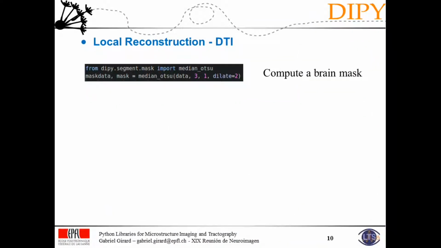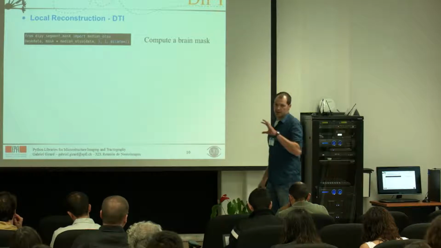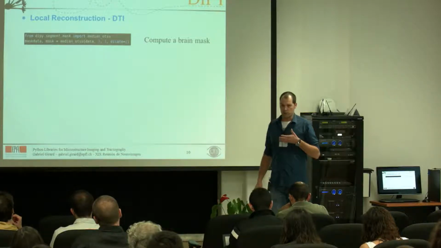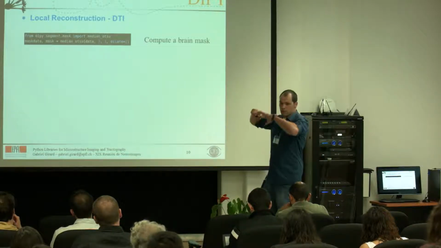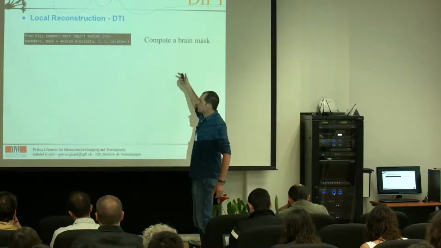So the first thing you might want to do is diffusion tensor reconstruction. To speed up the process, in DIPy you can call the function called median otsu, which essentially takes the brain out of your images. So you remove everything that is outside the brain, so you will compute the diffusion tensor only in the brain voxels.